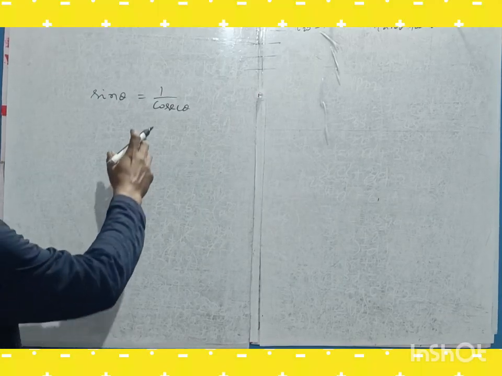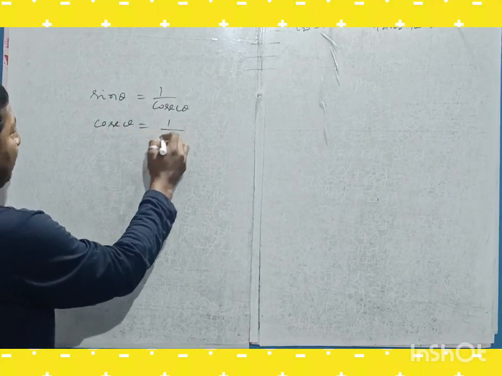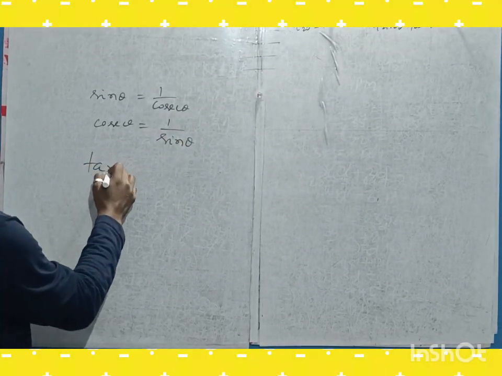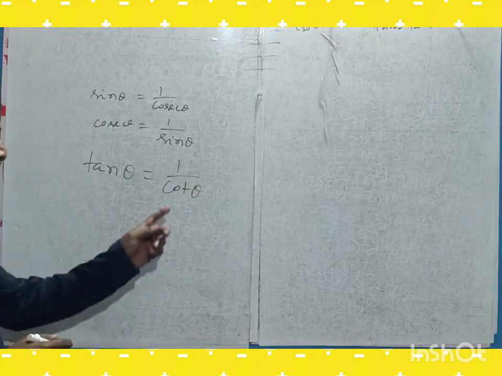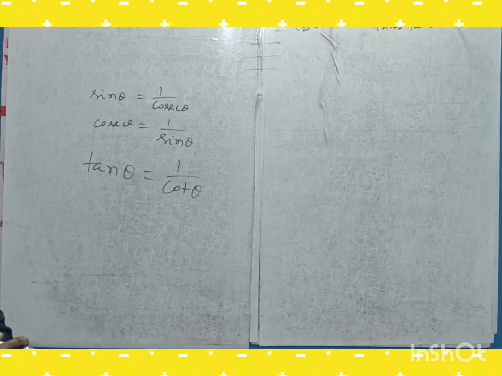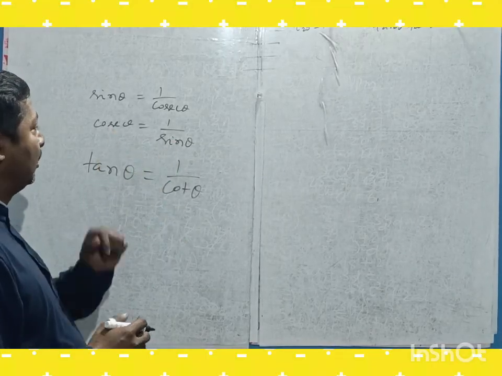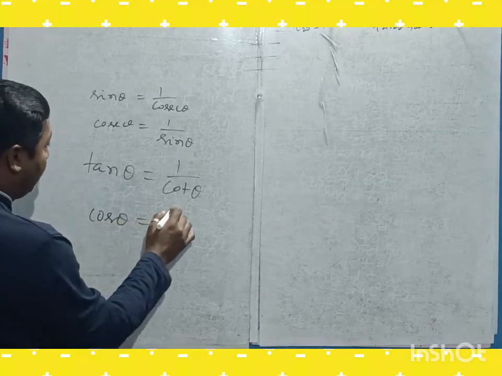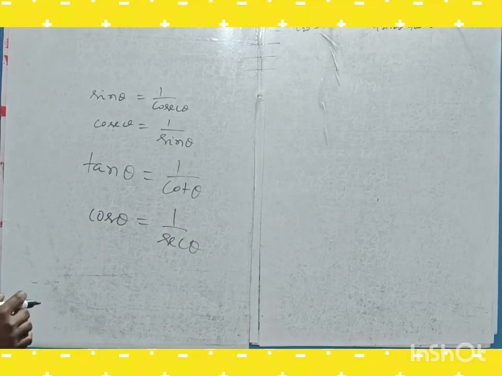Similarly, tan theta equals 1 by cot theta, and cot theta equals 1 by tan theta, because tan theta into cot theta is 1, and cosec theta into sin theta is 1. Again, cos theta equals 1 by sec theta, and sec theta is also 1 by cos theta.